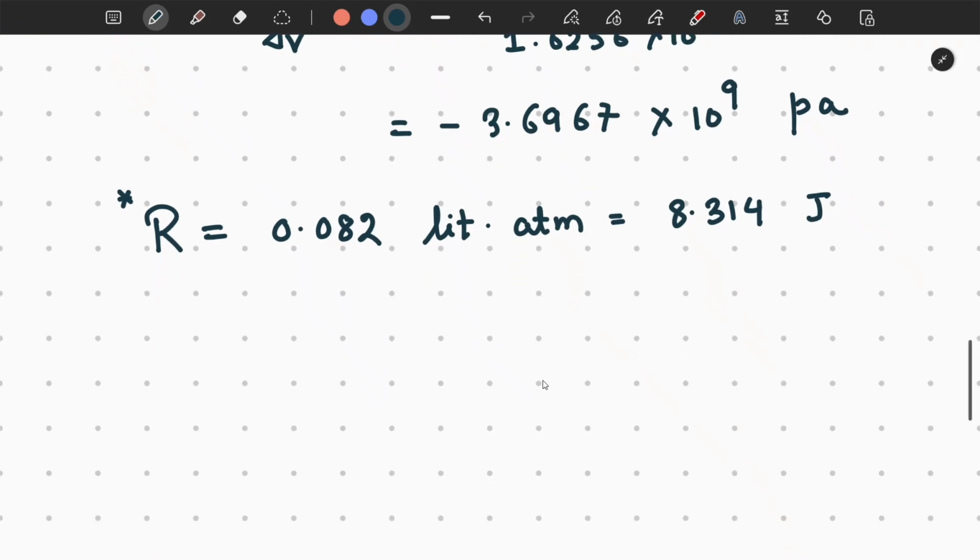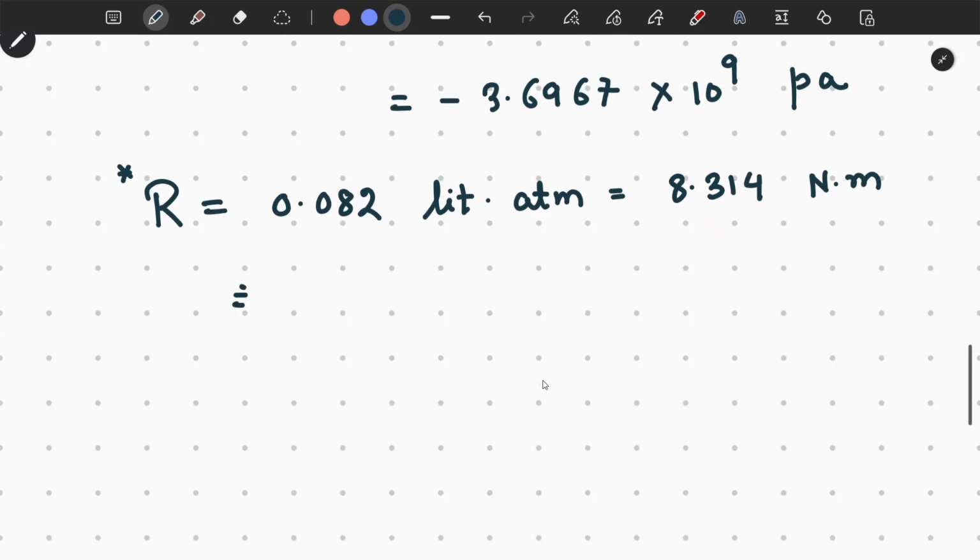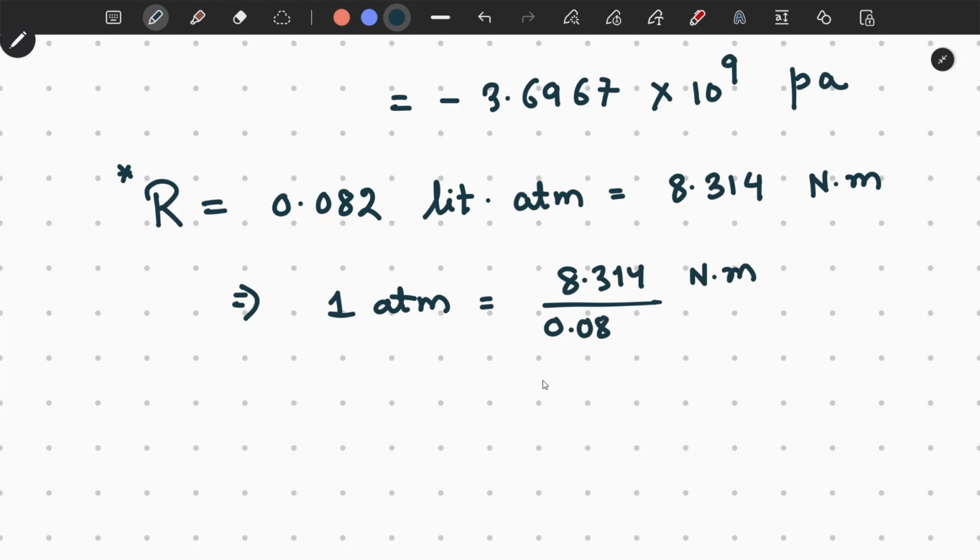We want to have the relation between liter ATM and this, which is actually Newton meter. Liter is 1 decimeter cube, and 1 decimeter cube means 10 to the power minus 3 meter cube.